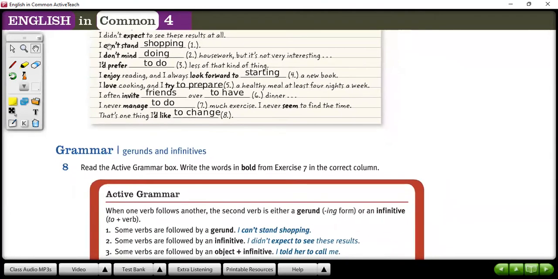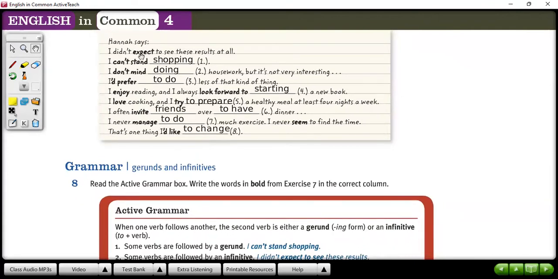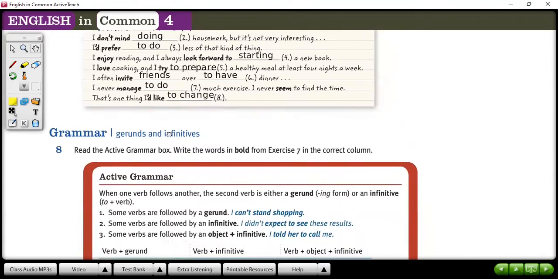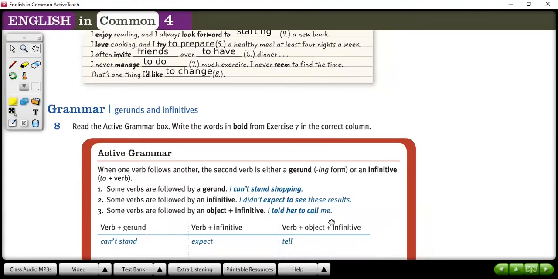For example, I didn't expect to see these results at all. We have the verb expect, which is followed by the infinitive to see. The verb can stand, which is followed by the ing, shopping. I can stand shopping. But let's try to find more examples of each of these patterns.